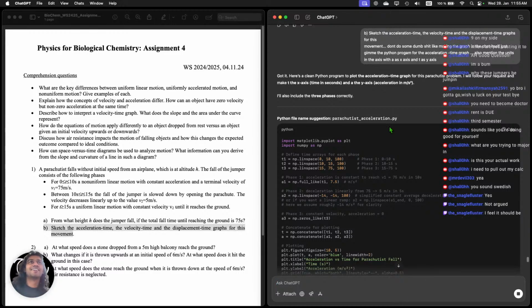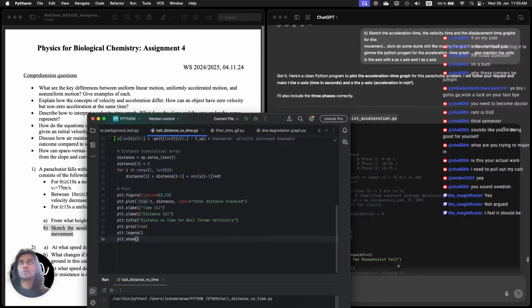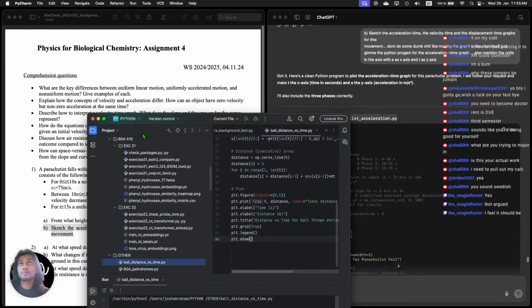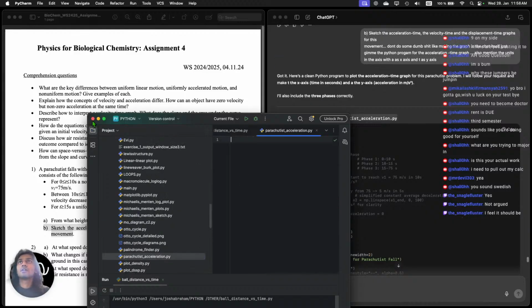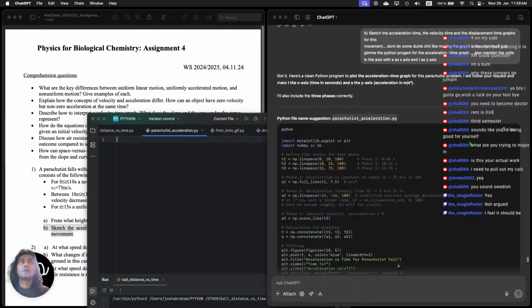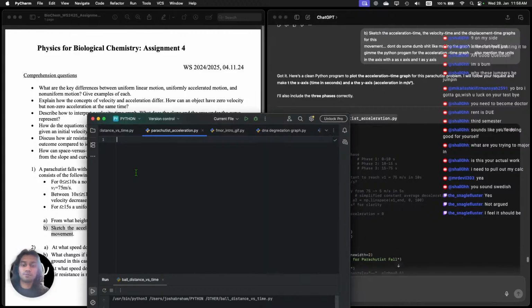Hell yeah. That's a name you wanna copy and paste. We got ball distance.py. Not the Jupyter notebook. It's the Python. And you copy this and you paste it.